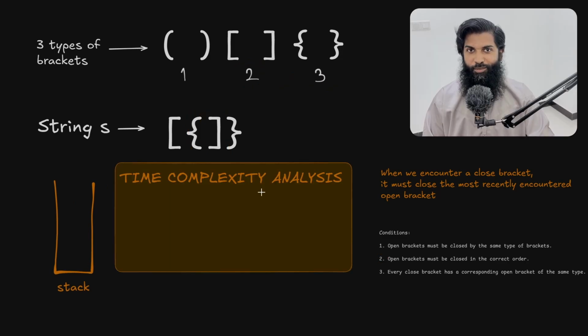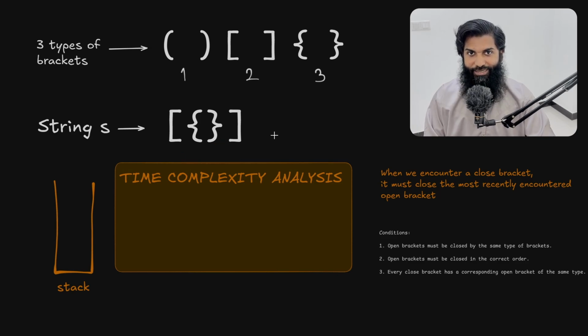Now that we've talked about the algorithm and the data structure that we're going to use to solve this problem, let's do a little bit of complexity analysis. Let's first start with the time complexity. The algorithm that we're going to use will iterate over each bracket in the string. In the worst case, we have to iterate over all of the brackets.